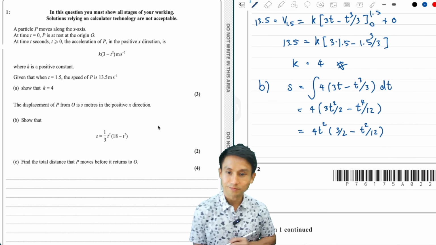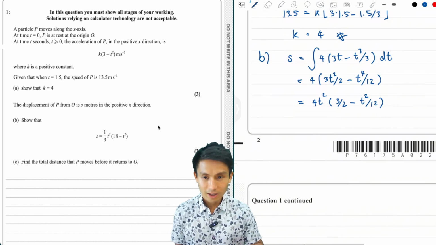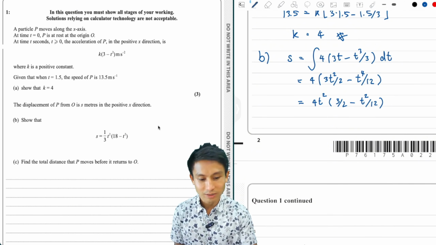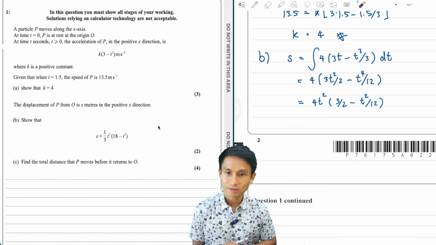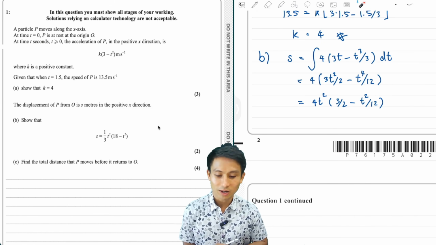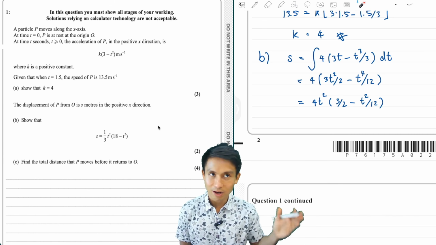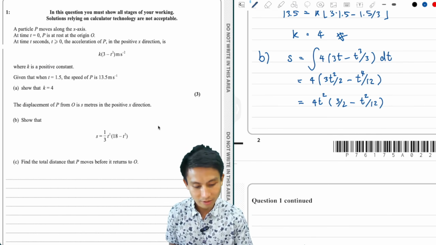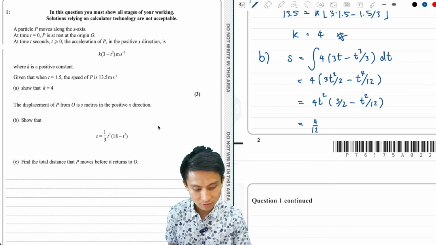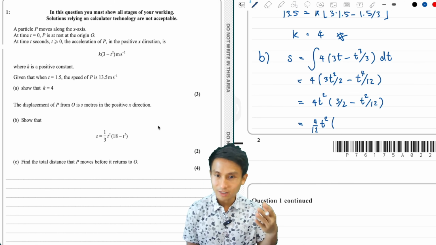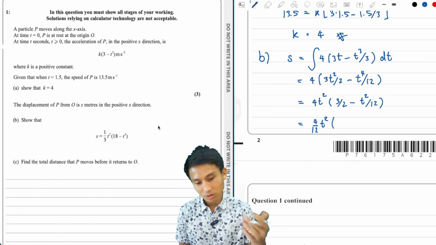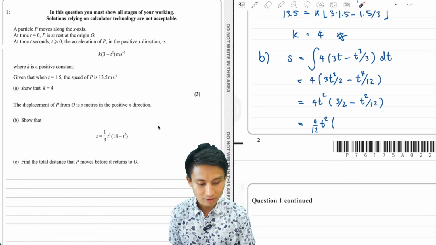If I put 12 out, because I see that there is a 4 there, that means if I want 1 over 3 as required, I'm going to have to pull 12 out. So if I pull 12 out, what's left in the brackets, you have to work backwards, so it's going to be divided by 12.